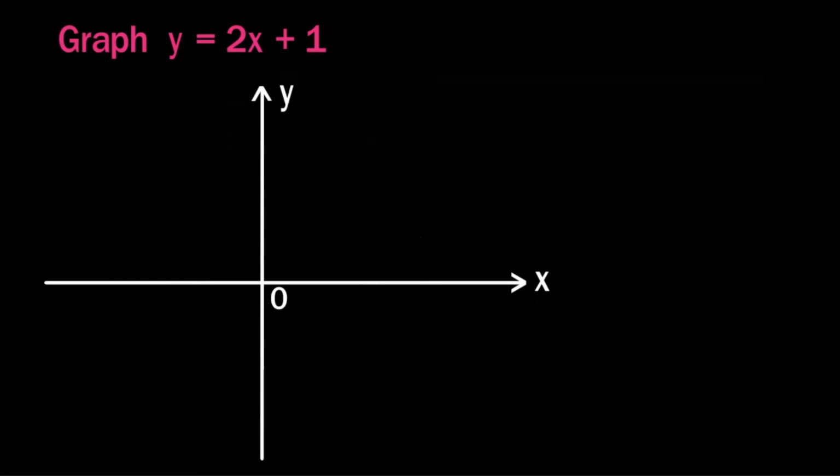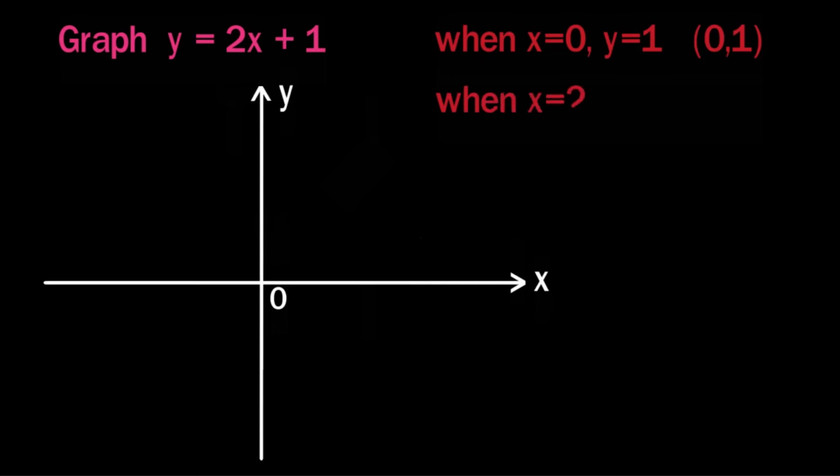Let's say when x equal to 0, y will be equal to 1. So this is one of the points. When x equal to 2, what is the value of y? y will be equal to 5. So this is another point.